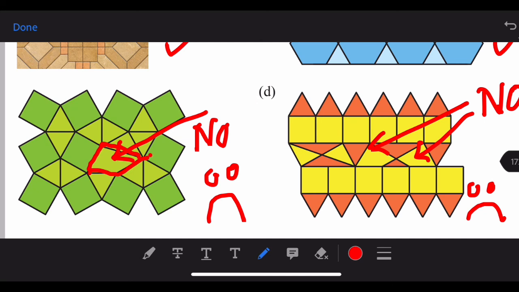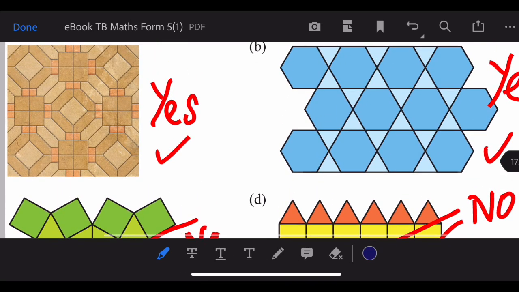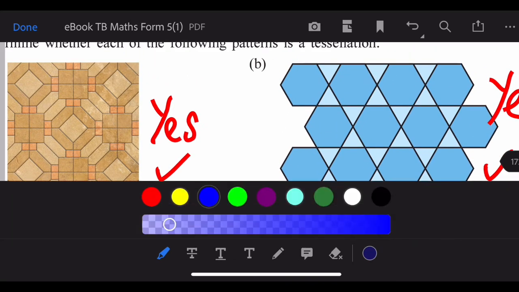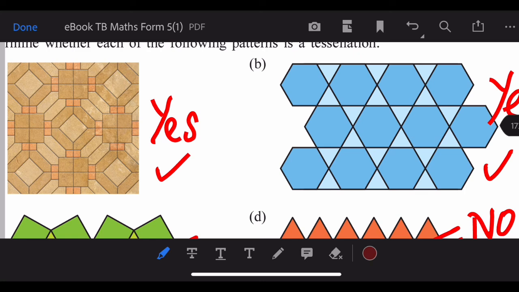You can see only the pattern is not repeating for that too. Only the square and one type of triangle are repeating. So today's lesson we just discussed tessellation, which you are going to learn soon next year.